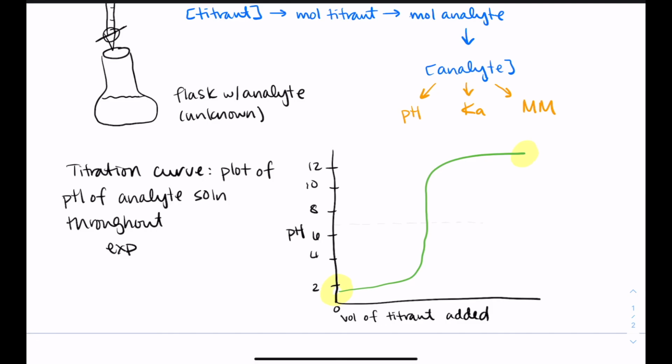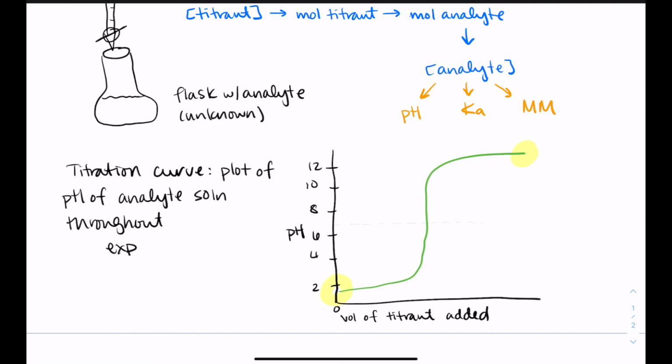In the very middle of this plot, that will be the end point of the titration. It will be the equivalence point. Well, it will definitely be the equivalence point, so when you've perfectly reacted whatever was in the analyte flask.